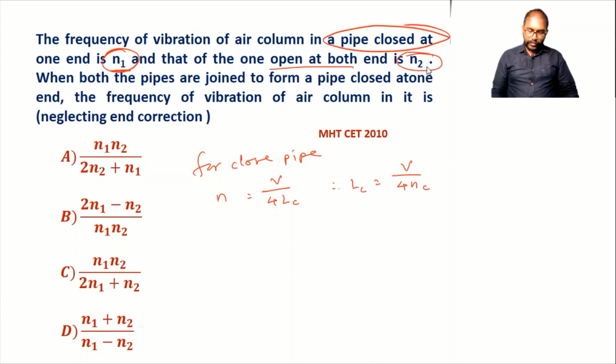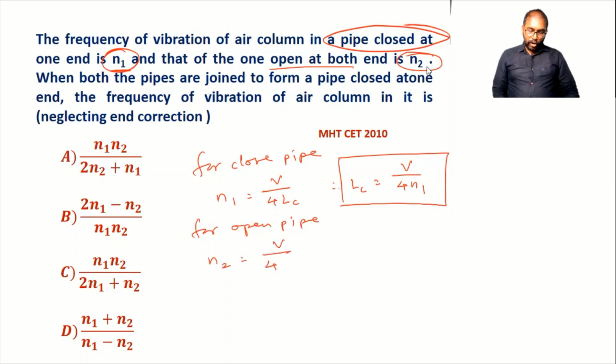So this is the length of the closed pipe. Similarly, for an open pipe, the frequency is V upon 2 into the length of this open pipe. By using that, we can write the length of this open pipe is V upon 2 into N2.